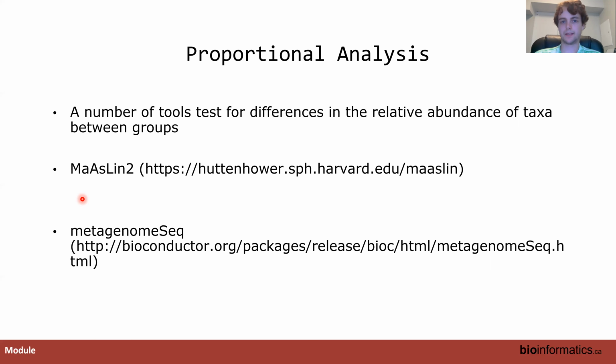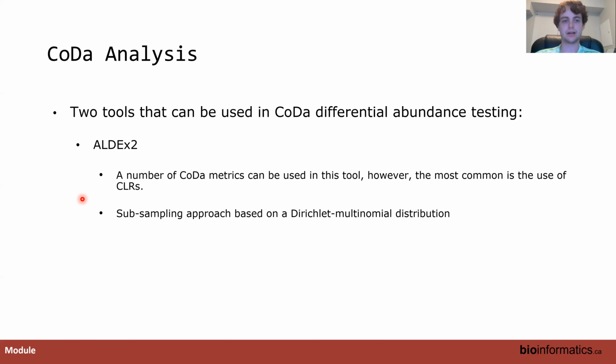And in a CoDA analysis, there are two other tools I mentioned previously that could be used for differential abundance testing. The first being ALDEx2, which actually can use a number of different CoDA metrics or ratios, but the most common or default one is the centered log ratio. And it's actually unique because it uses a subsampling approach based on a Dirichlet multinomial distribution, or a probability distribution, that lets it estimate how likely taxa are to be differentially abundant between the two groups of interest.